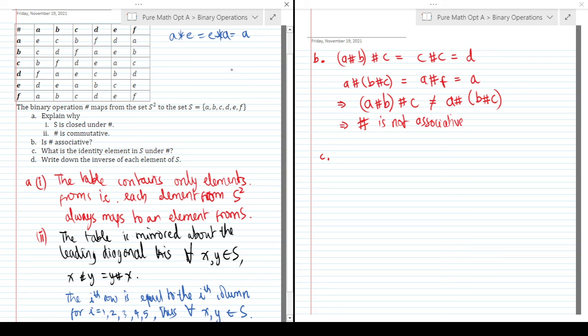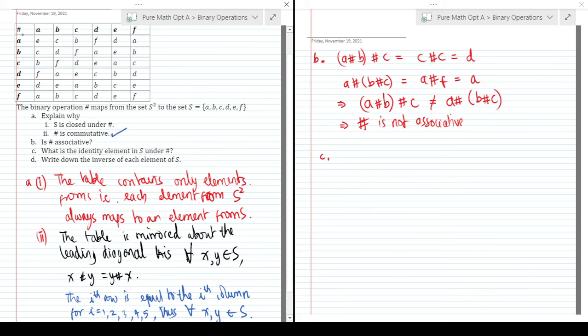Now, when an operation is commutative, you don't need to investigate E star A, having investigated A star E. I'm talking about the generalized E now, the symbol for identity in a generalized sense. So I don't need to repeat it for the rows, because if it works for the columns, it will work for the rows, because the operation is already commutative.